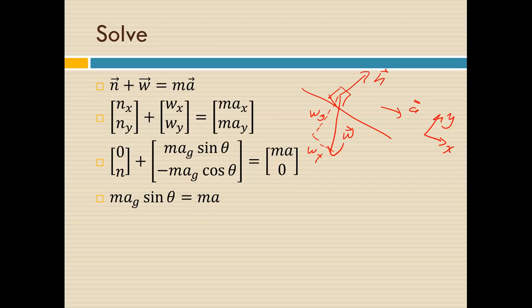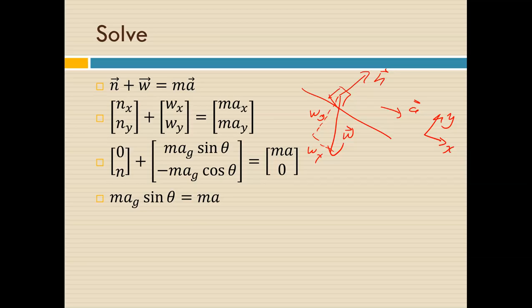m a sub g sine theta equals ma. How many unknowns do I have in here? Just the one, just the acceleration. Oh, by the way, a miracle happens here. This is the reason why I don't want you to put in numbers right away. Because if you put in numbers right away, would you see something here? What can we do?